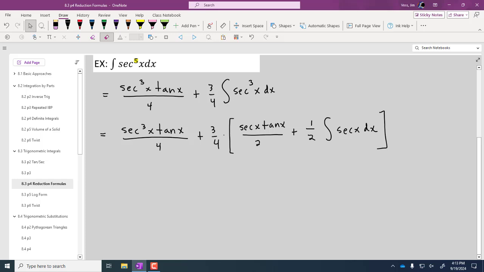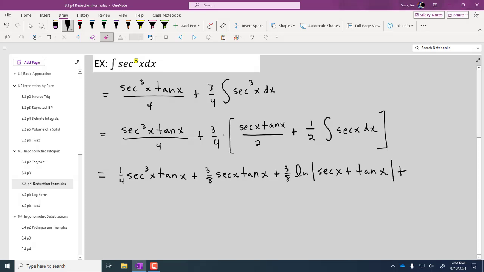And our final step will be, so that secant is integrable. I'm going to write down the antiderivative today. We will talk about why it is what it is on Tuesday. So you are just going to accept this fact today.